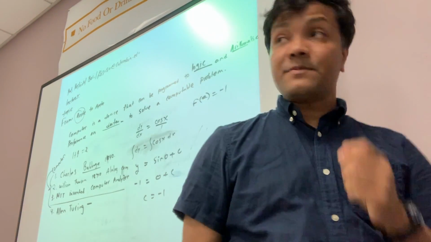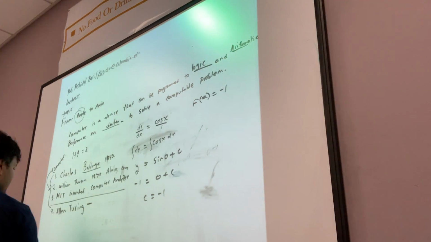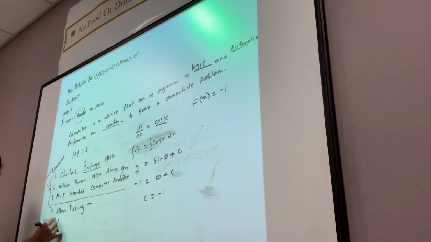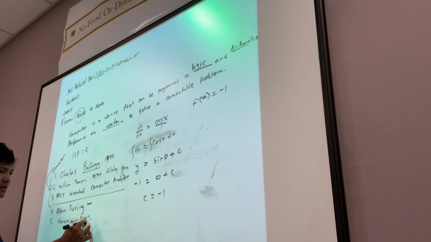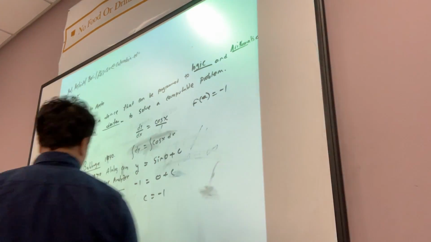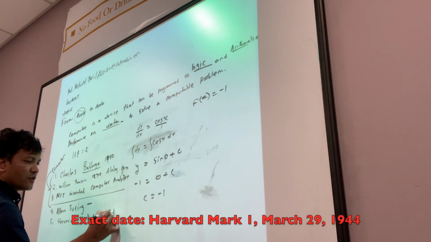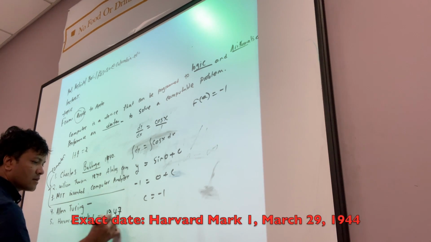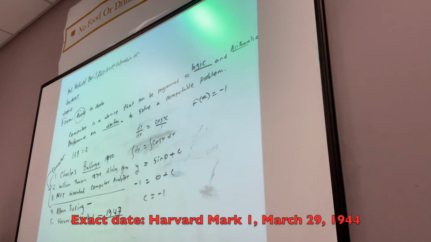Okay. So after Alan Turing is the Harvard Mark I computer. It was invented to be used during World War II. So 1948, 47, toward the end of World War II.